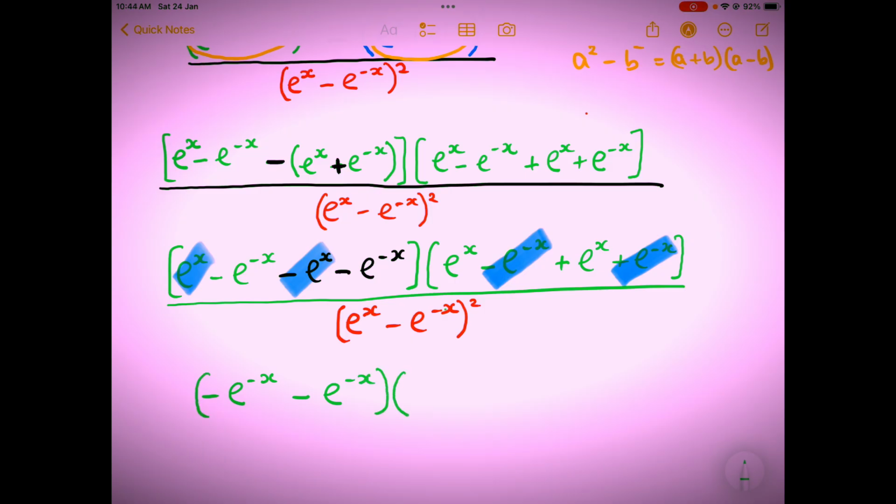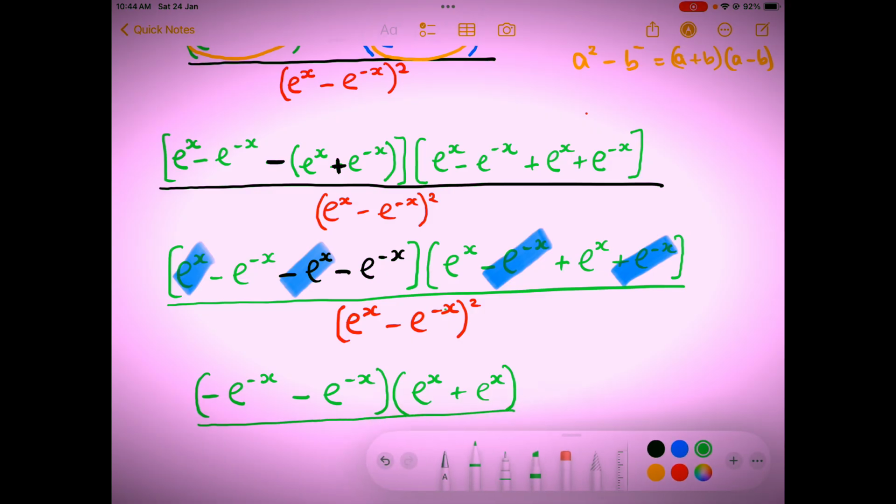Then the other side, e^x plus e^x. All this divided by the denominator.